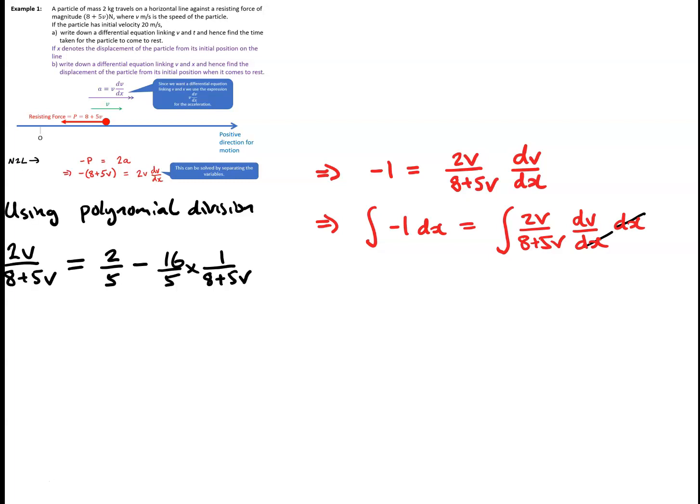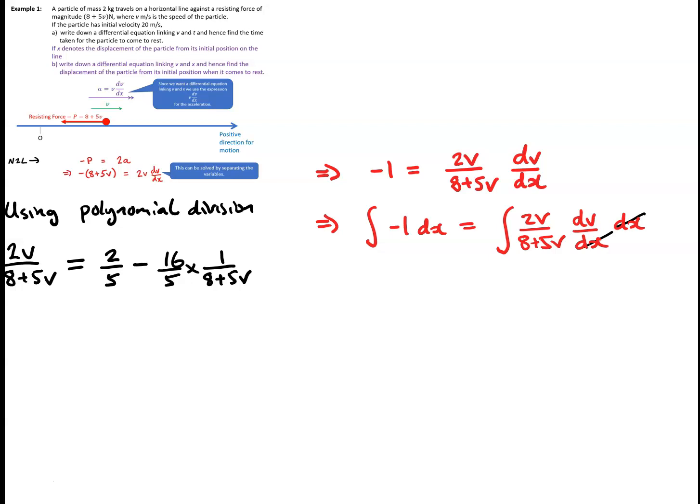Then we've got to think about the integral of 2v over 8 plus 5v. Now 2v over 8 plus 5v can be written using polynomial division as 2/5 take away 16 over 5 times by 1 over 8 plus 5v.